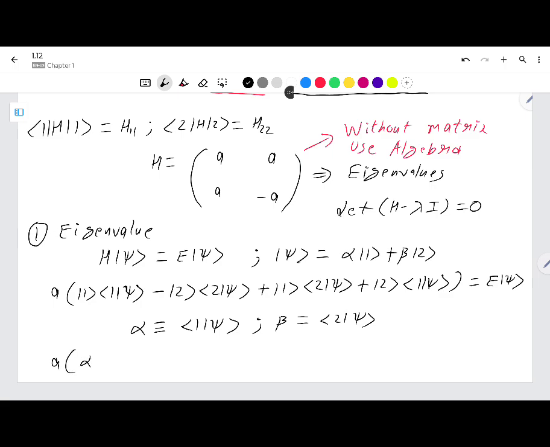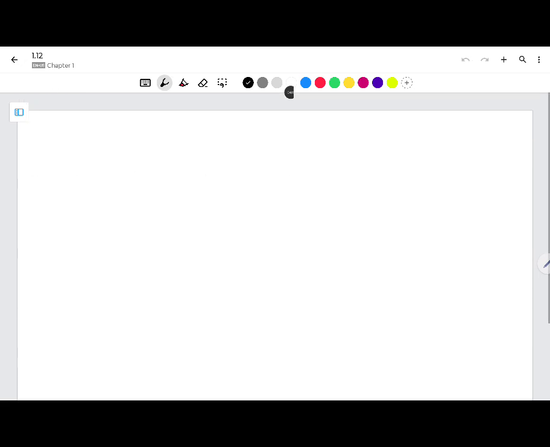This will become alpha |1> minus beta |2> plus beta |1> plus alpha |2>. This equals E psi. Okay, so I can club all the |1> and |2> terms together, and let's see what happens.